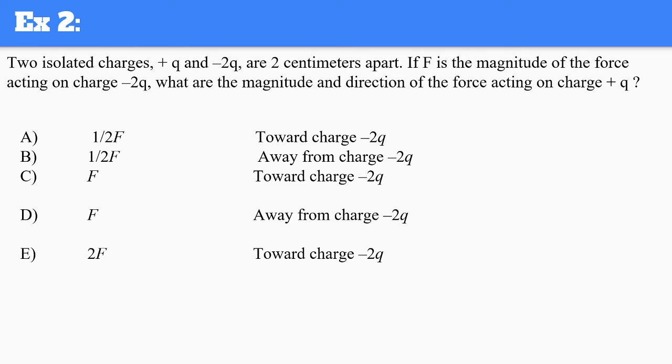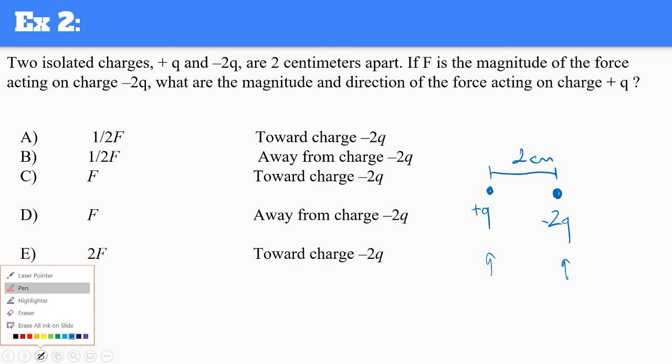Alright, two isolated charges, Q and negative 2Q, separated by 2 centimeters. If F is the magnitude of the force acting on negative 2Q. Once we look at those two charges, one of them is positive, the other is negative.